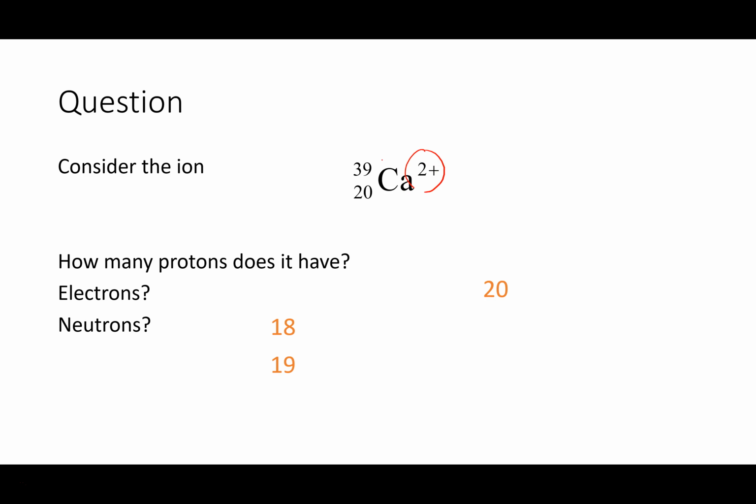So now here's a cation. This is one of our metals giving up electrons to form cations. The thing that's different is it has 20 protons, and the thing that's different is the electrons. If it was neutral, since it has 20 protons, it would have 20 electrons.